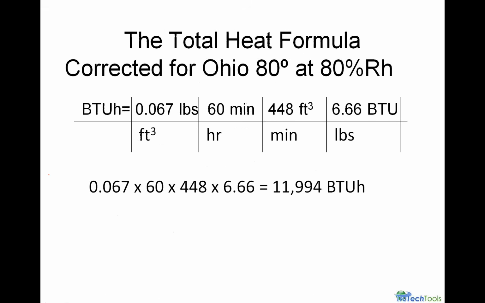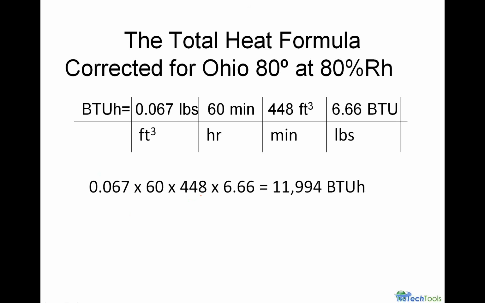And I'll just show you how this would work here real quick, because now instead of this 0.074, we're at 0.067, right? 0.067 pounds per foot cubed times 60 times 448 times 6.66. You can see here that because we have a lower density of air, right? Fewer pounds per cubic foot, we have to move more of it to keep the mass flow rate across the coil the same.